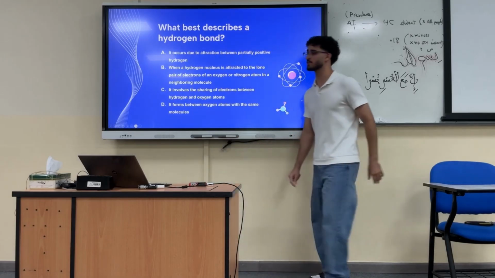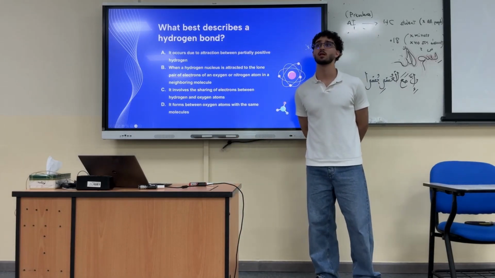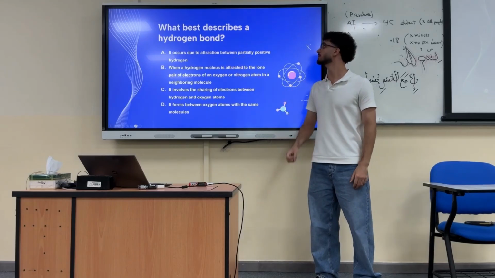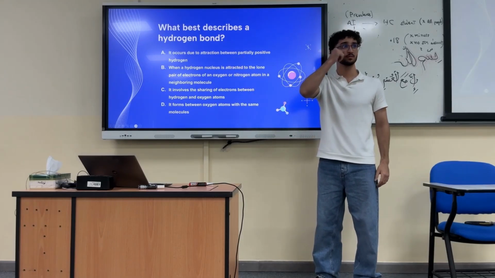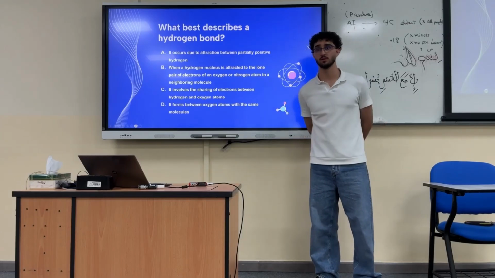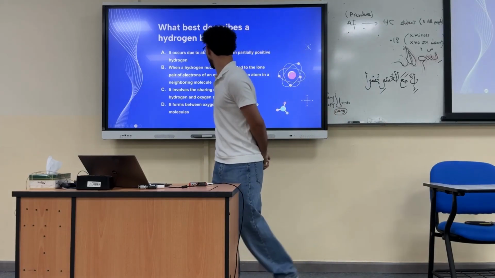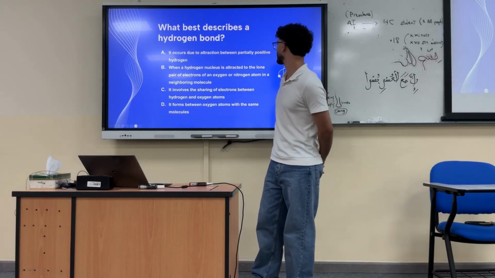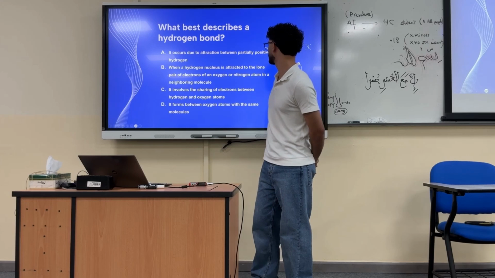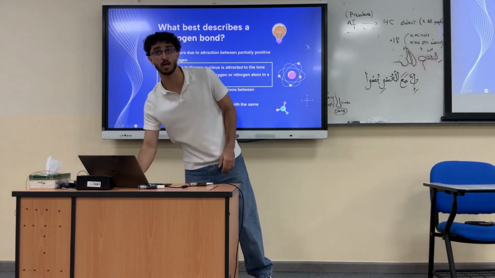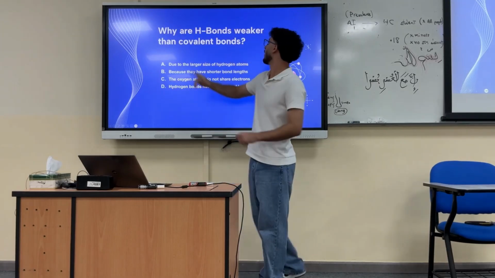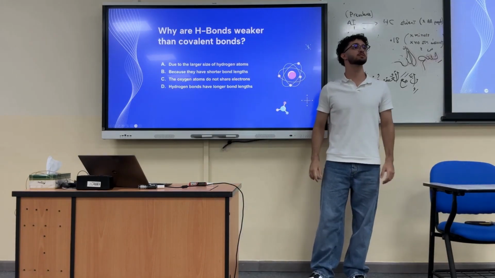What best describes a hydrogen bond? Question, what best describes hydrogen bond of these? B. When a hydrogen nucleus is attracted to the lone pair of electrons of an oxygen or nitrogen atom in a neighboring molecule. Right. Why are hydrogen bonds weaker than covalent bonds?